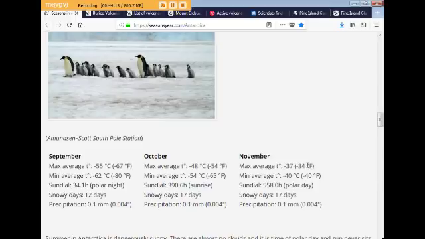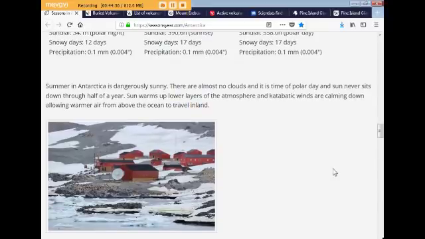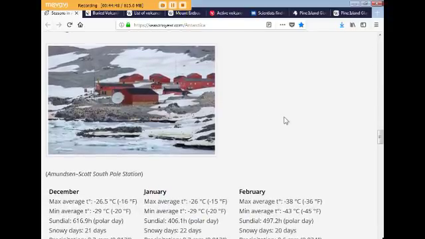Maximum average to minimum average, -37 and -40 Celsius, or -34 to -40 Fahrenheit. And they get 558 hours of sunlight, 17 snowy days. And it's dangerous in there in the summertime, because there's almost no clouds, and the sun never sets during half the year.